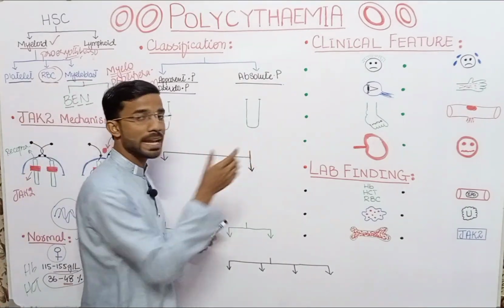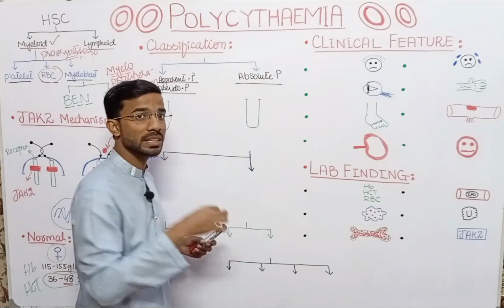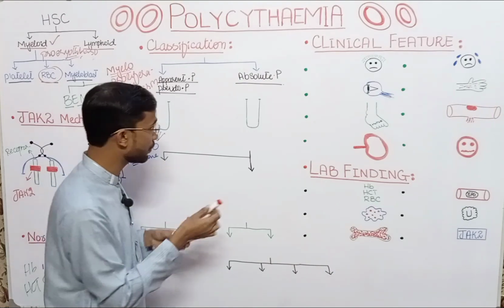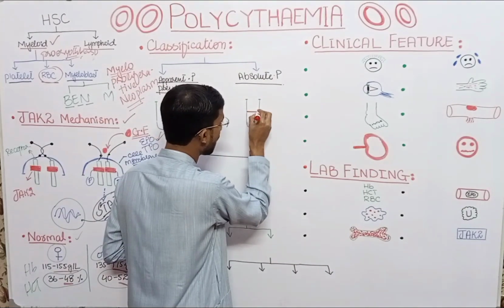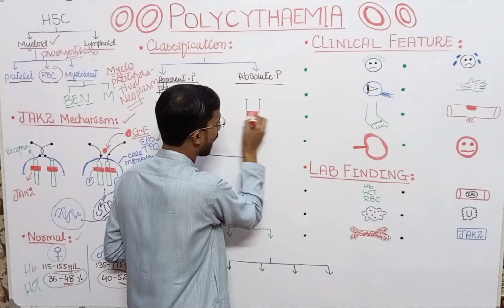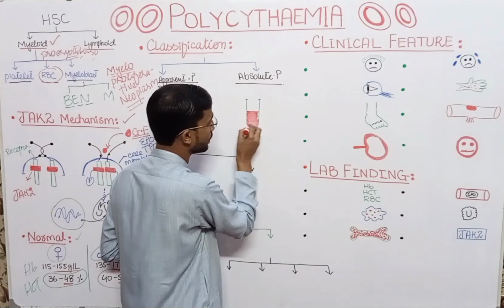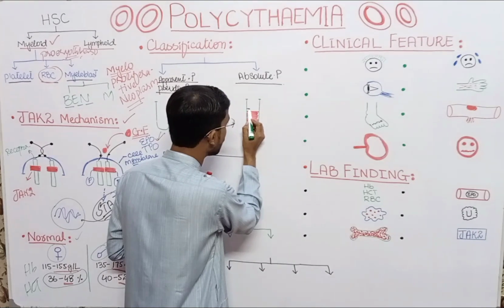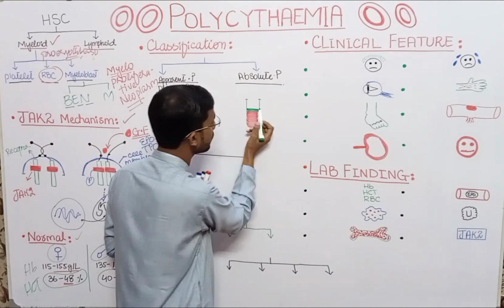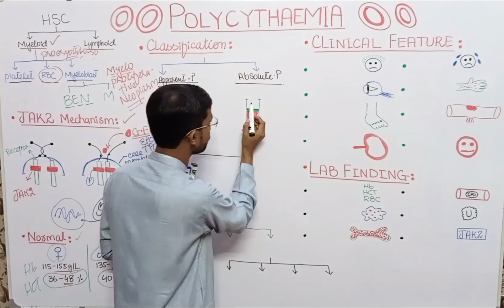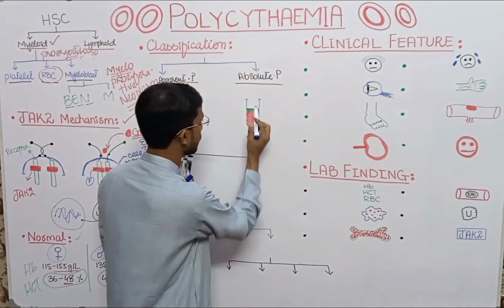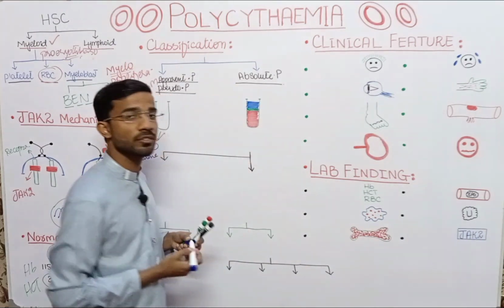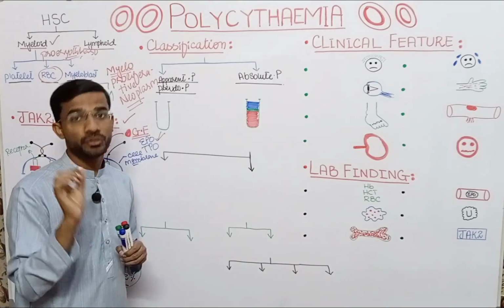If we take blood in a test tube and centrifuge it, we will see three different components.